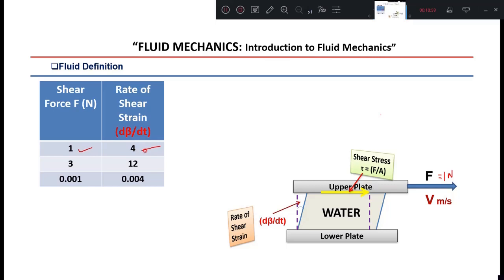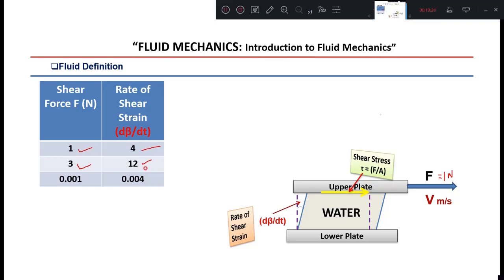When we increase the force, say to 3 Newton, the rate of deformation will also increase and will be equal to 12 degrees per second. So in the case of a fluid, the shear force is proportional to the rate of angular deformation, or you can call it the rate of shear strain.